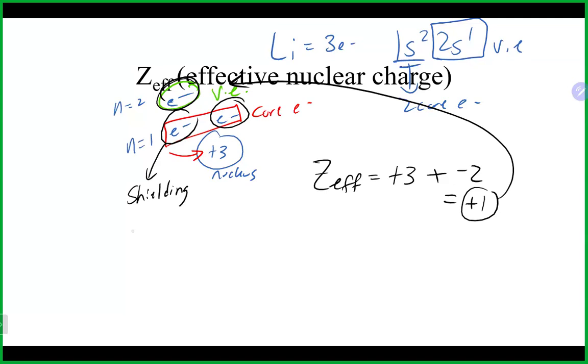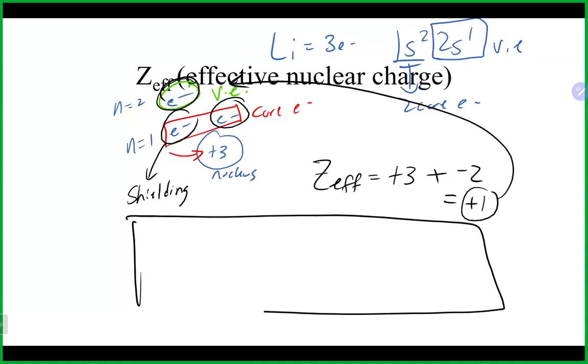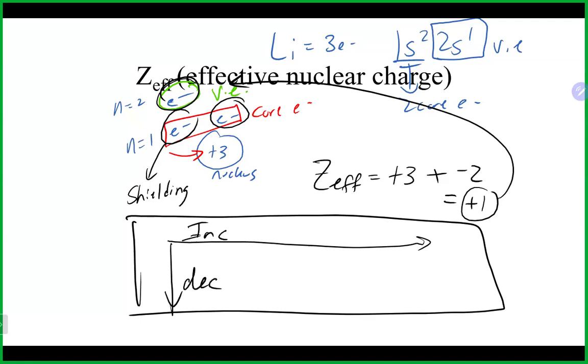What happens is, when you look at the periodic table, Z effective actually increases as you go up and to the right and decreases as you go down. And what that means is if you look at the atomic number as you go to the right on the periodic table, it actually increases, right? So the number of protons increases as you go to the right.